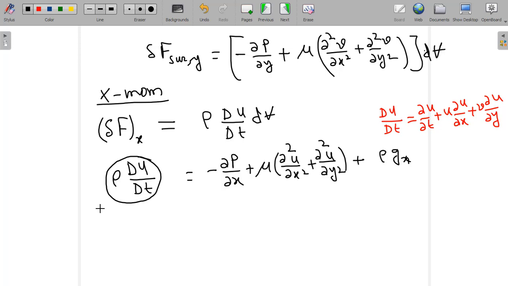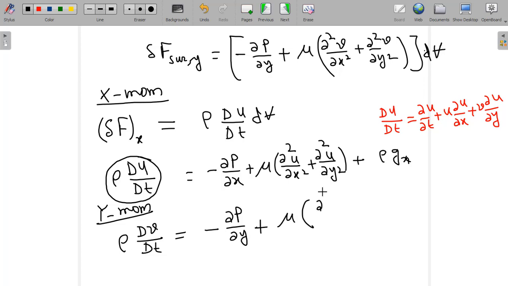And what is the y momentum equation? Exactly in a similar way, rho into dv dt is equal to minus del p del y plus mu into del 2 del x2 plus del 2 del y2 of v plus rho gy.